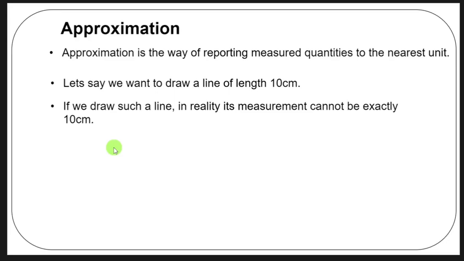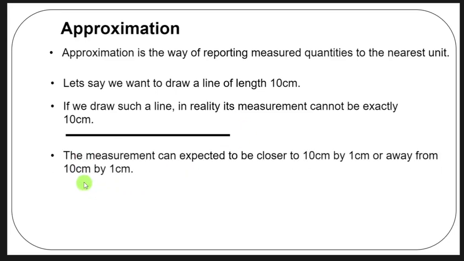If we try to draw a line 10 centimeters long, it won't be exactly 10 centimeters. So this line, if we assume that it is 10 centimeters, in reality, it won't be 10 centimeters.